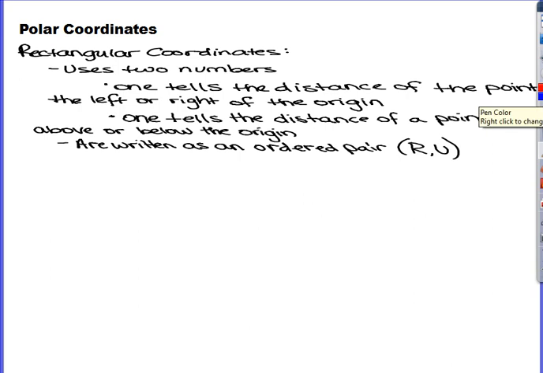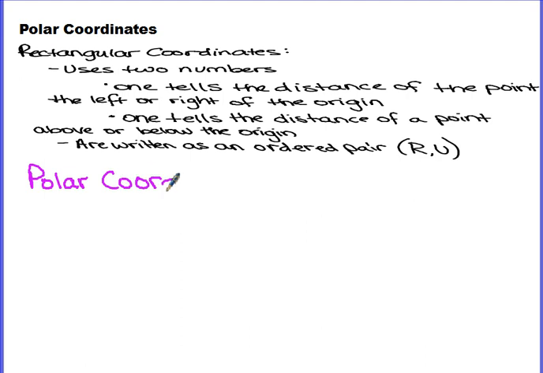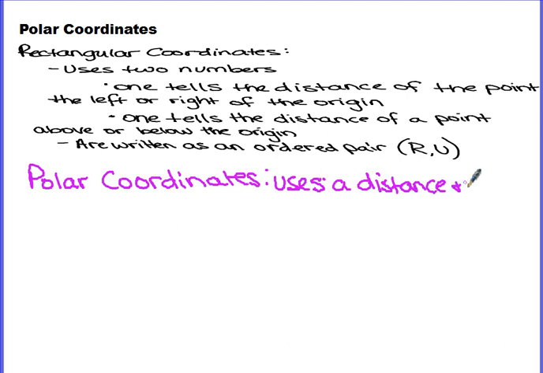Let's talk about polar coordinates. Polar coordinates use a distance and an angle to locate the point. All right, let's talk about the angle first.